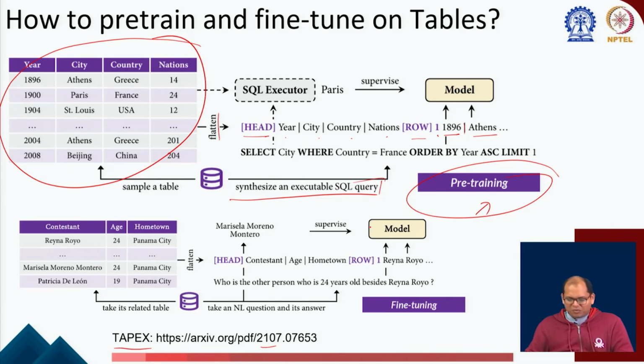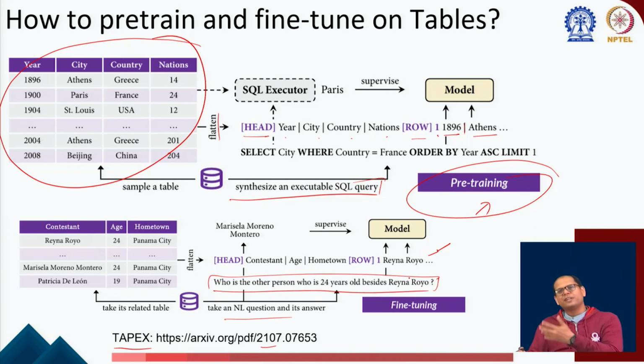At test time, you will have a natural question, but now your model has learned this particular format, this flattening. So given this question, you can generate the answer, right? You can retrieve the answer depending on whether you're using an encoder setup or a decoder setup. Now, people have also made use of the fact that you can try to retrieve rows and columns from the table.